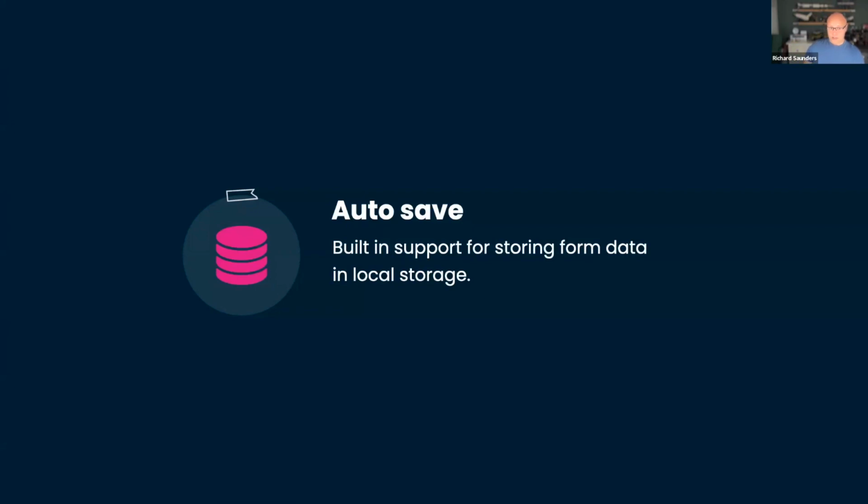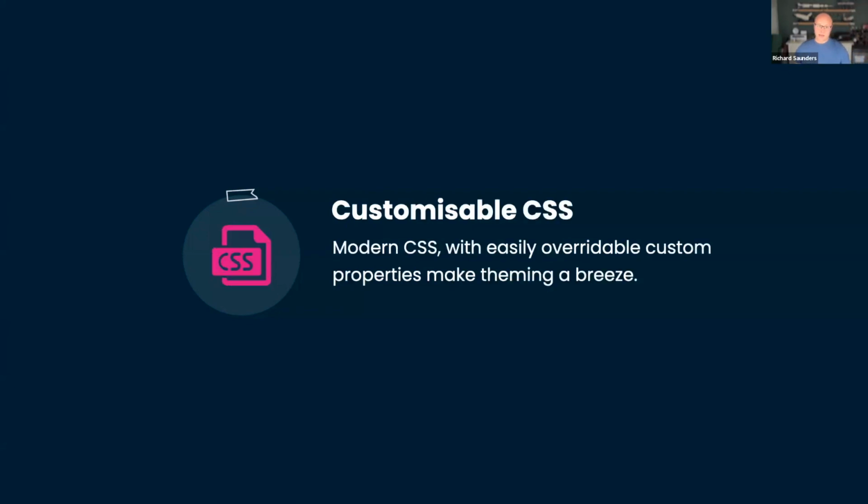We also handle supporting that data, saving that data into local storage when you've got autosave switched on. And we've made the CSS that renders that form really clean using modern CSS techniques, and is using overridable CSS properties to make theming really, really easy.